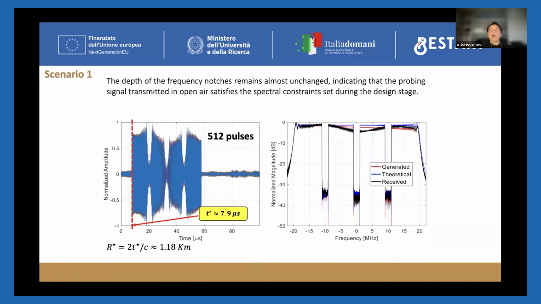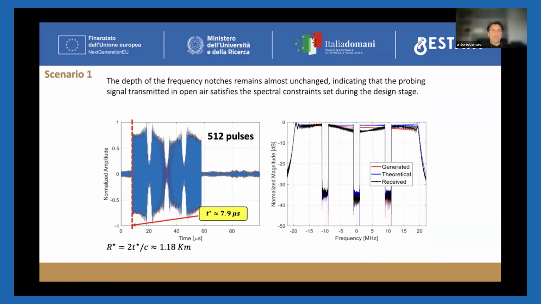And once we consider all the transmitted pulse repetition times and we overlap the return pulses, we get the situation which is reported here. And you can notice that all the pulses arrive after a delay of approximately 7.9 microseconds, at the range of 1.18 kilometers, which is the range of the chimney.